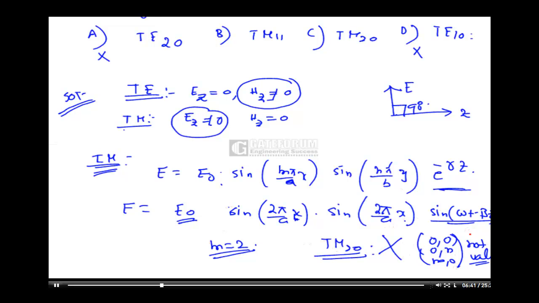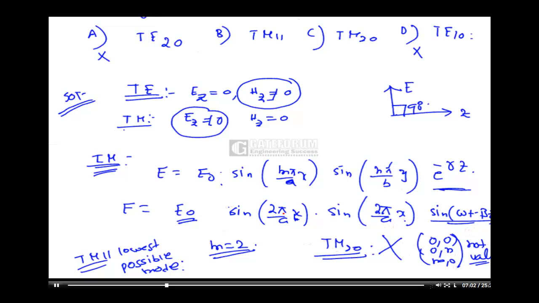So what is the lowest possible mode? TM11 is the lowest possible mode. So TM20 is not the answer. So obviously TM11 is the option. So here the equation is like this.